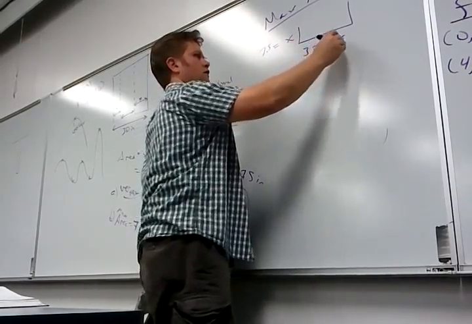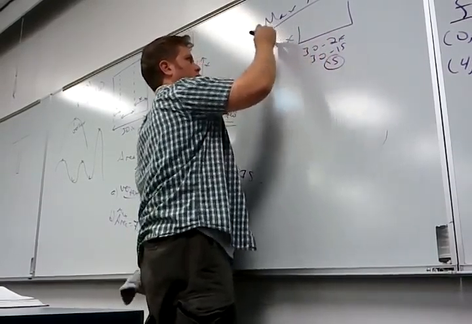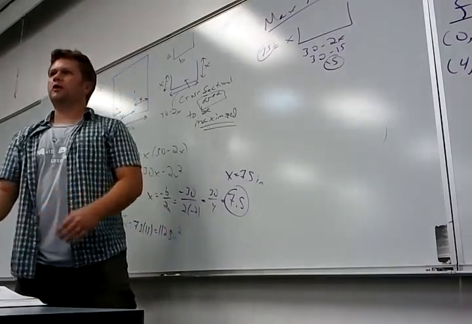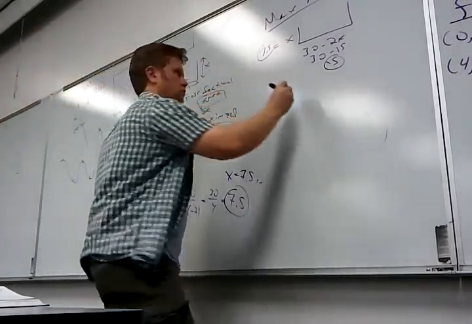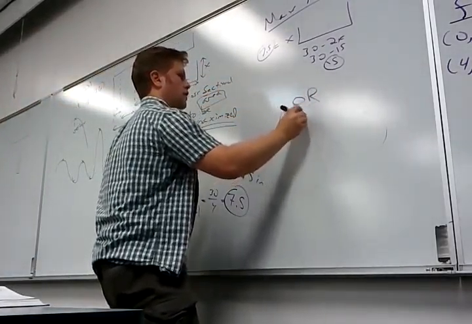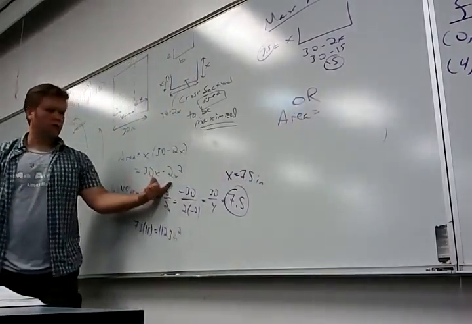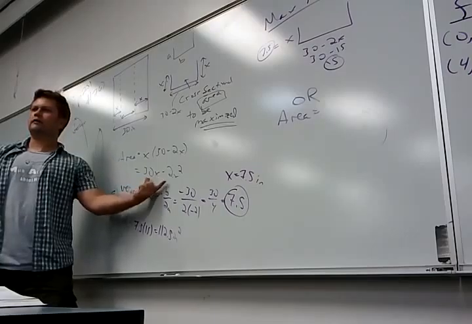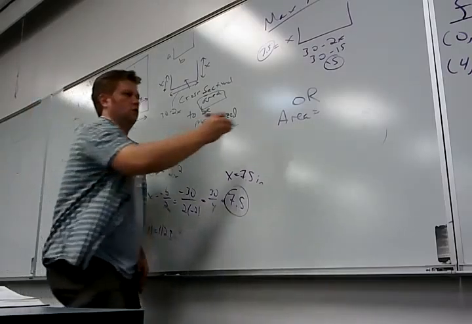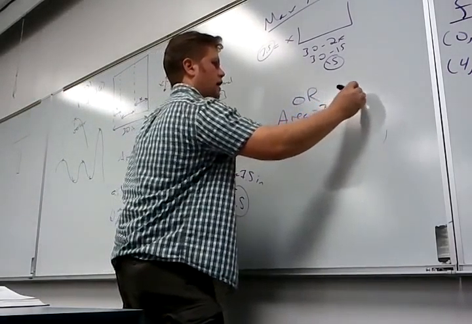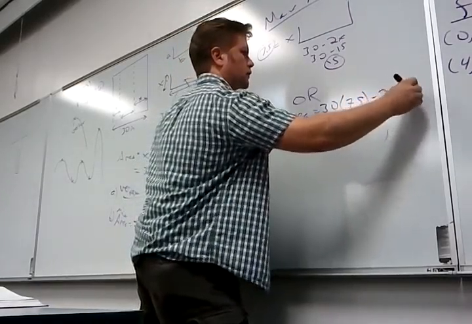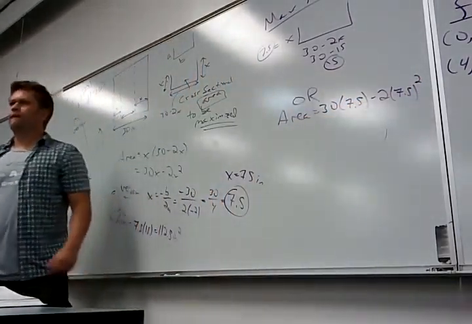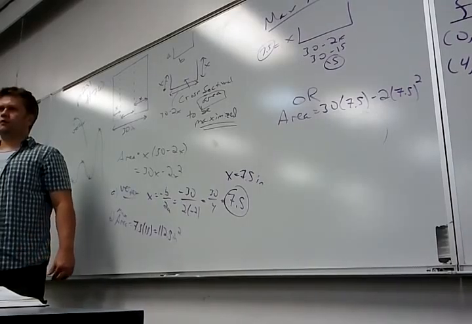So 30 minus 15, 15. And then we just multiply those together. Or we have an area function right there. It says if we change x, the area will change. So we can do 30 times 7.5 minus twice 7.5 squared, which would give us 112.5.